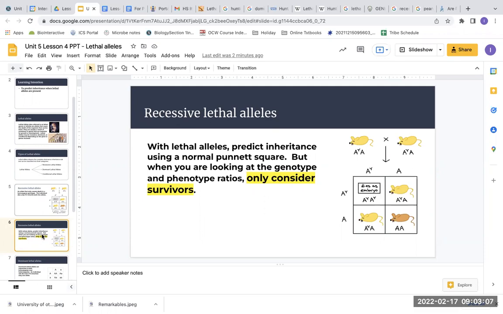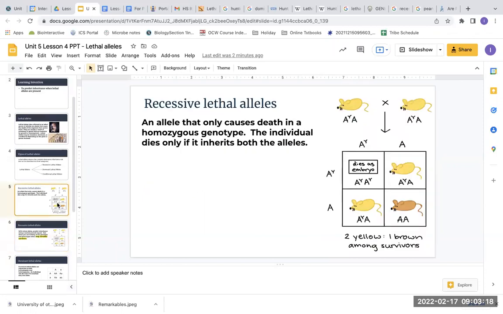So when you're writing out your ratios, you're actually going to disregard this box right here, the box that dies as embryos, and you only consider the survivors. So that's why, if you look back at the bottom, the phenotype prediction for this mice would be 2 to 1, because you're only looking at the boxes that managed to survive and be born.